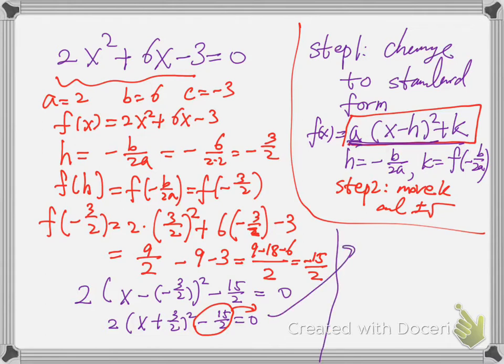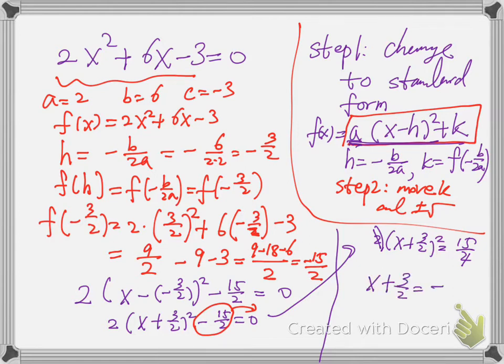So move k, then we got a new equation. 2 times x plus 3 over 2 squared is 15 over 2. Divided by 2 both sides, we got 15 over 4. Take square root, positive negative.